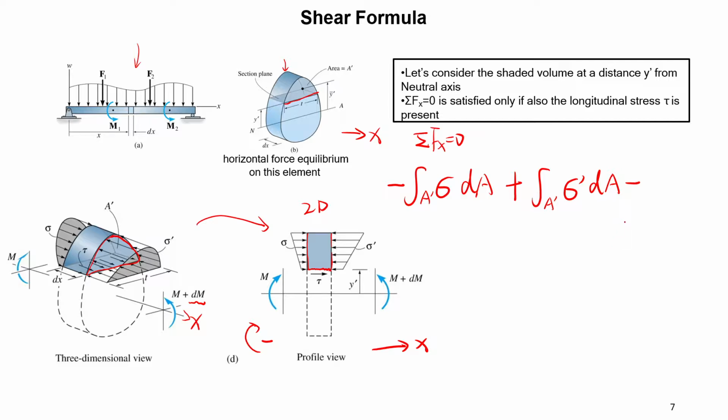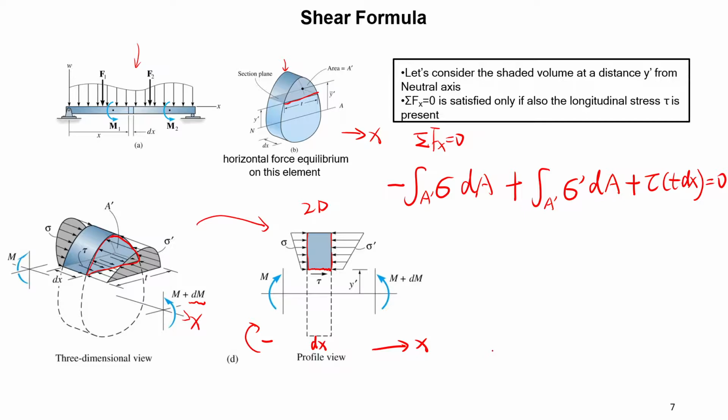So let's write tau times the cross-section area, t dx, where dx is this distance, and the sum must equal 0. We don't know the sign here yet. We just assume tau is in that direction, so we add a plus here.